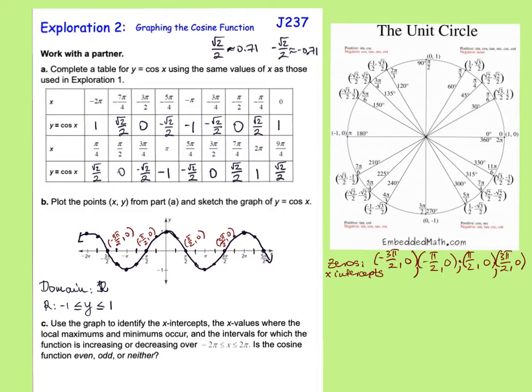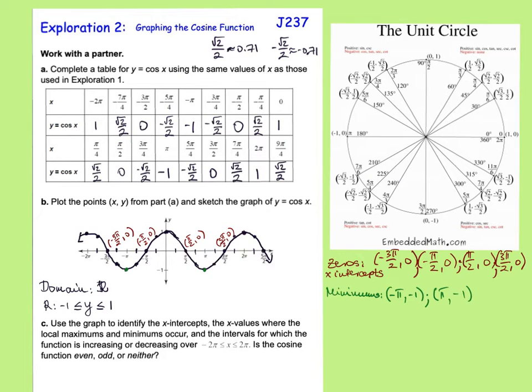Then we are going to find our minimums. So let's go ahead and find our minimums as ordered pairs. So our first minimum occurs at -pi, so -pi and -1. Our second minimum occurs at pi and -1.